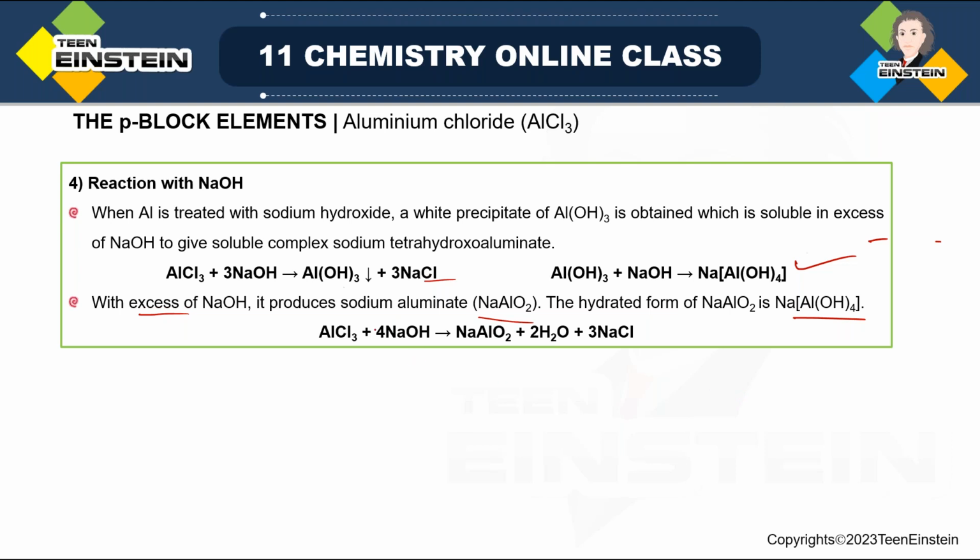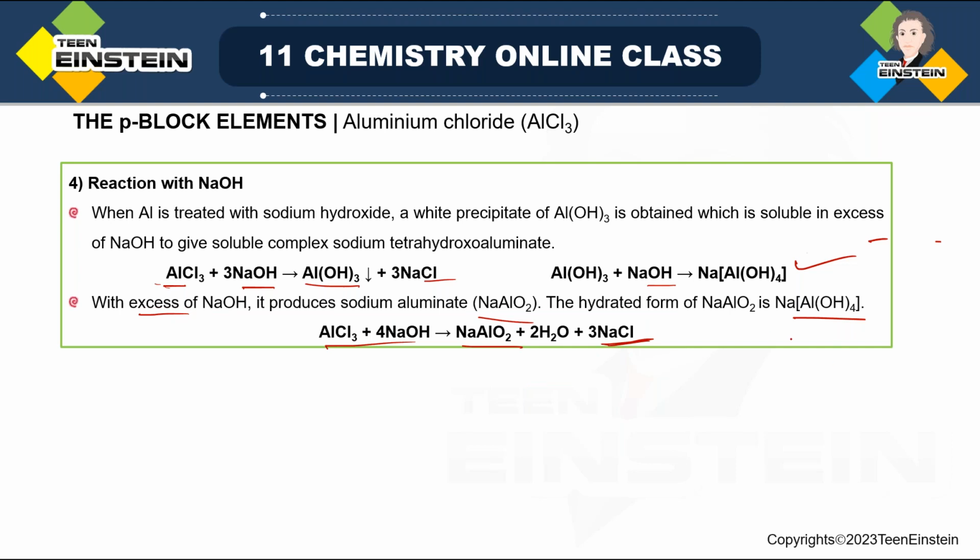Now in the reaction we have written here, 1 molecule of AlCl3 and 3 NaOH give the product Al(OH)3, which further reacts with 1 more NaOH molecule. But if you write it directly, that is AlCl3 reacting with 4 NaOH, the reaction will be written differently. It is now NaAlO2, 2 H2O, and 3 NaCl.